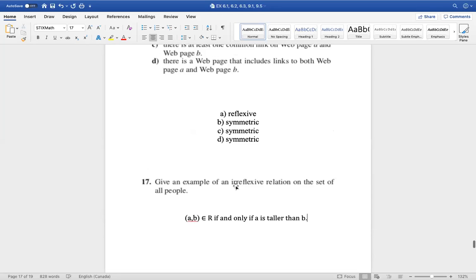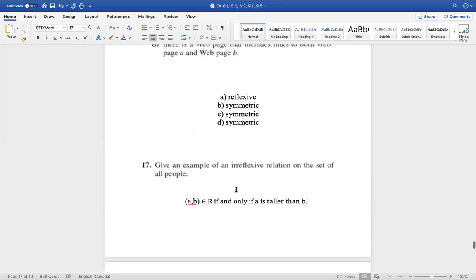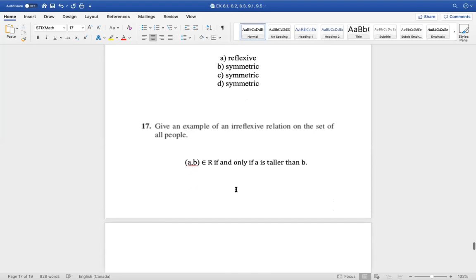So it is irreflexive, and then you should be able to answer those questions pretty easily. So no fancy logic here, just understanding the meaning of the terms.